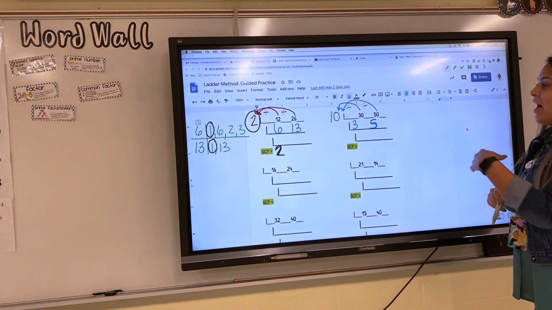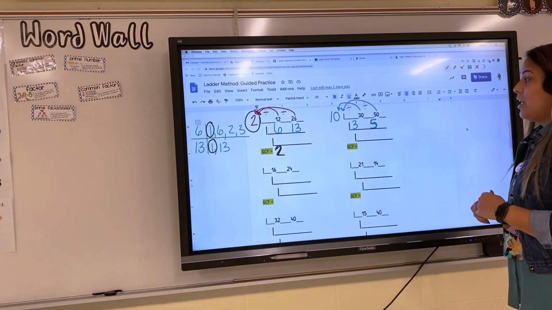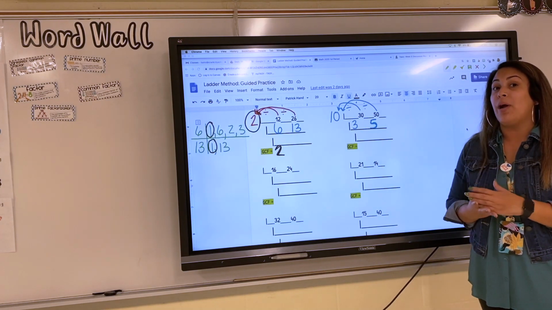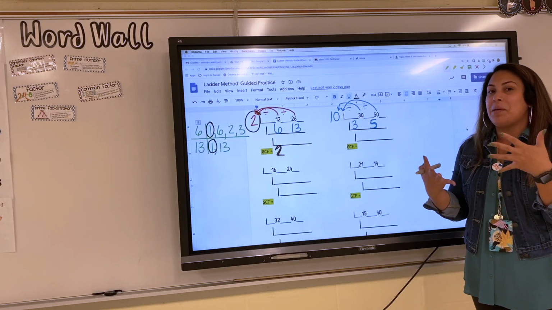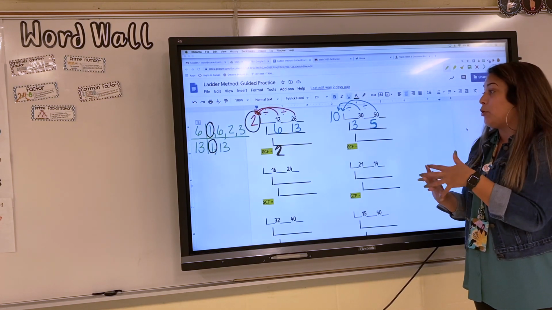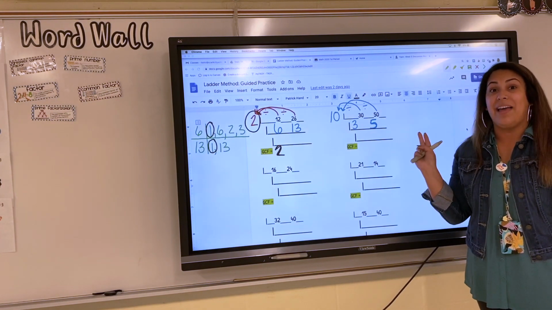Now, I have 3 and 5. 3 and 5 are both prime numbers. So that means the only numbers that can be multiplied together to give me 3 and 5 is 1 times 3 and 1 times 5.